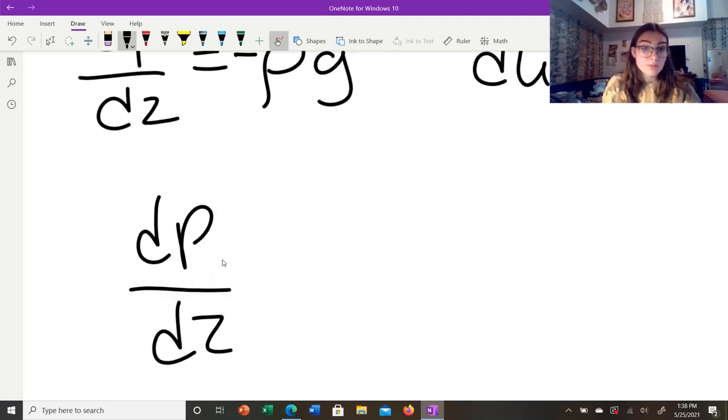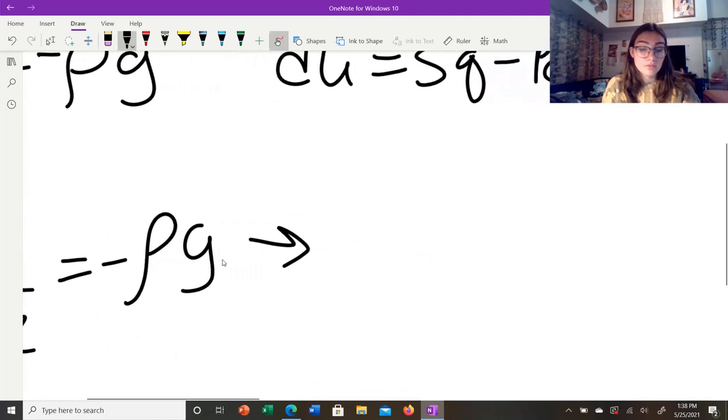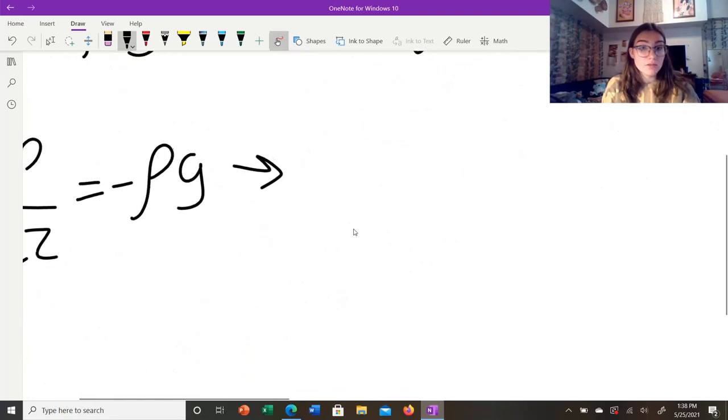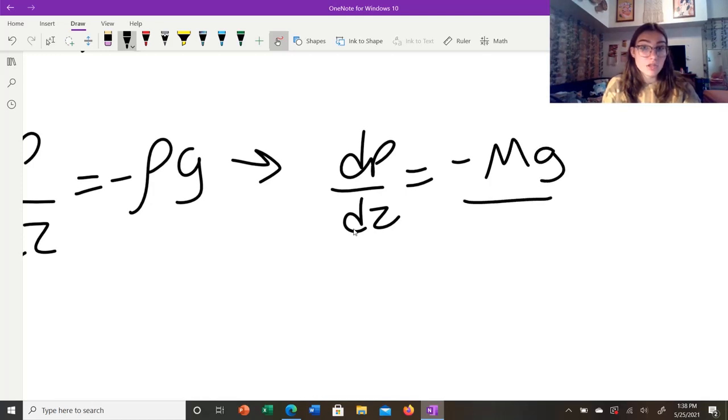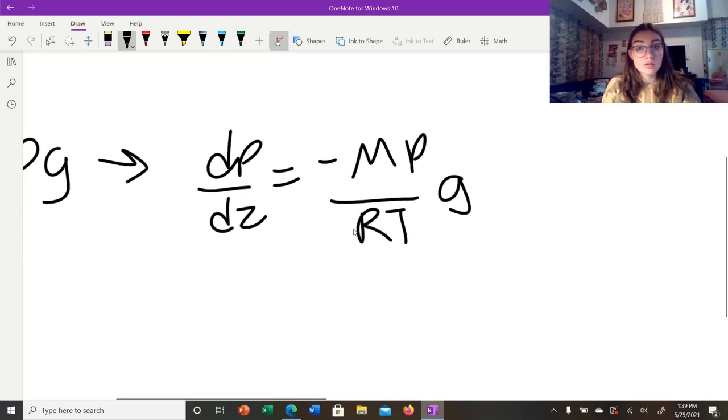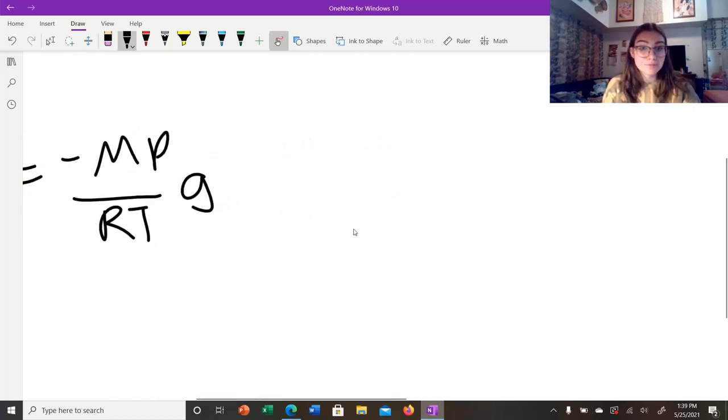We're going to start with dP over dz equals negative rho g, so just rewriting that one. I'm going to change this to dP over dz equals negative mPg over RT, where m is the molar mass.